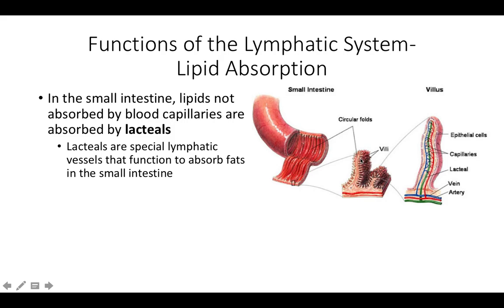If you take a cross section of one of those villi, you'll see inside there is a capillary, and then we also have a lacteal here in the green in the center. Lacteals are basically just specialized vessels of the lymphatic system, and their job is to absorb fat molecules from the small intestine that are too big to be absorbed by the capillaries.